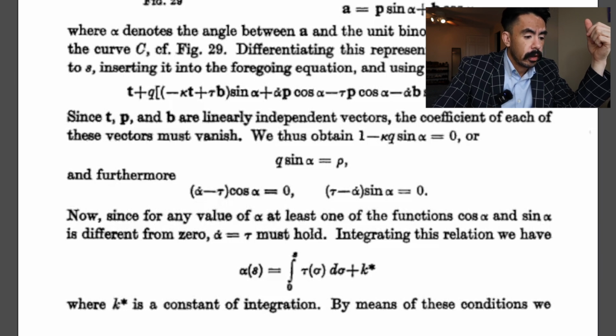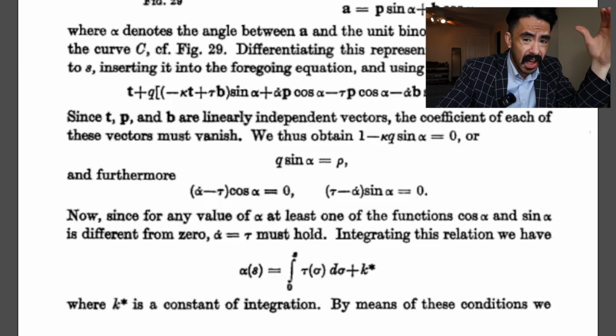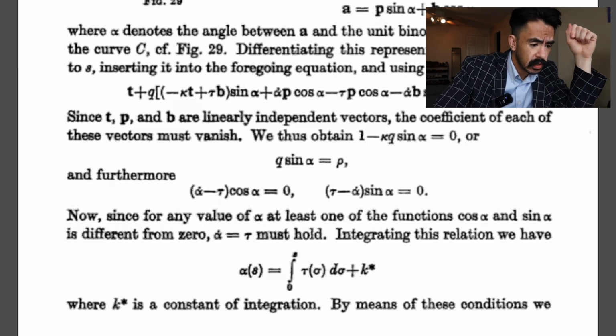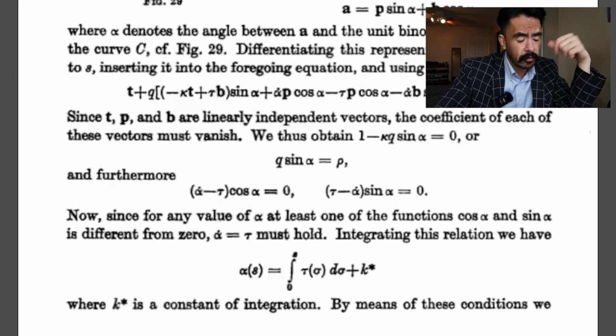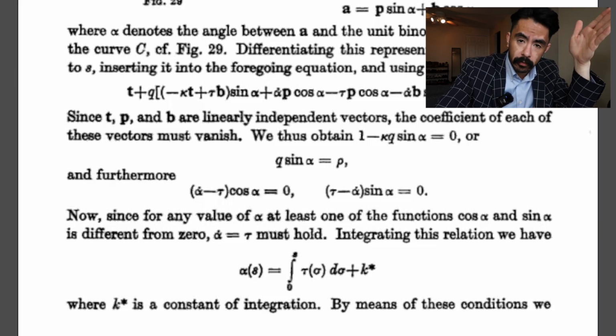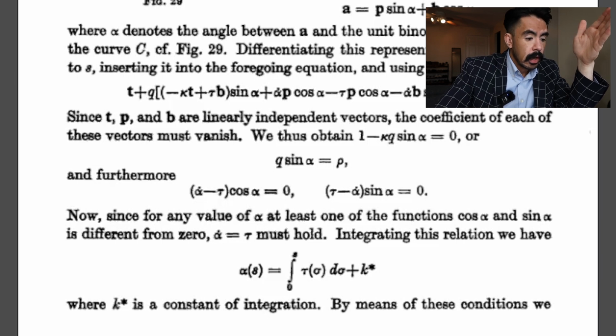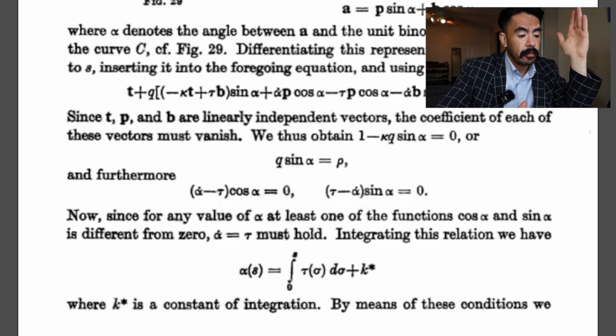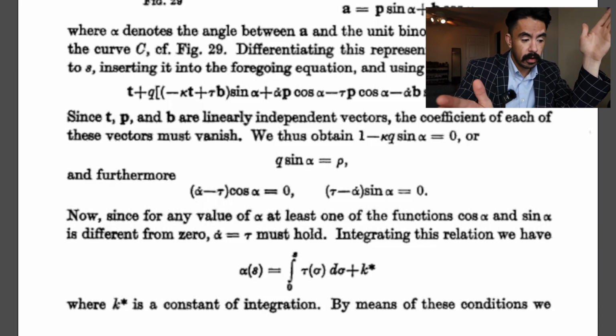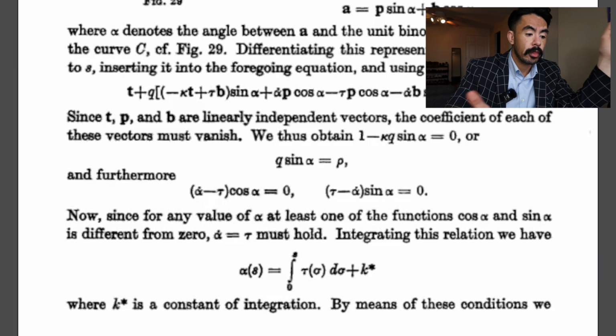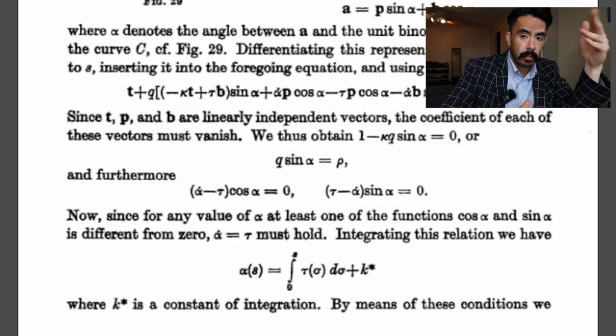And furthermore, alpha dot minus tau times cosine of alpha equals 0, as well as tau minus alpha dot times sine alpha equals 0. Now, since for any value of alpha at least one of the functions cosine of alpha and sine of alpha is different from 0, then by those two expressions, alpha dot equals tau must hold.